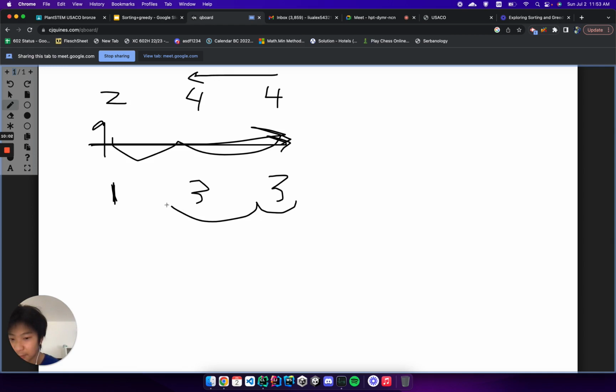So once we get to over here, then we just repeat the process again. We just bounce back over here. So this gets reduced down to 2. And once we're here, then we keep bouncing back again.